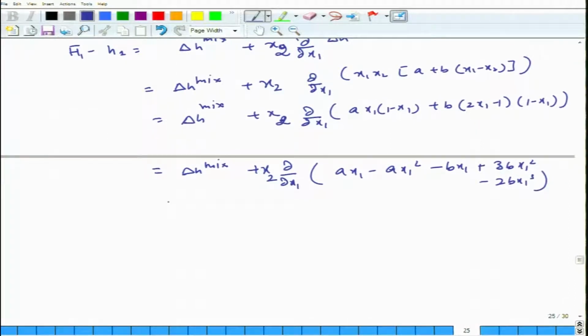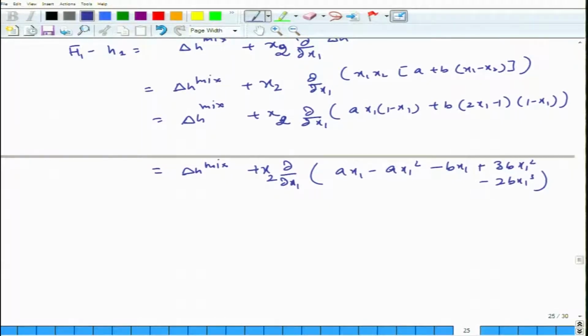I can take the derivatives. x1 is missing in the second line. So we have x1 x2 into x1, and we have converted x2 into 1 minus x1.